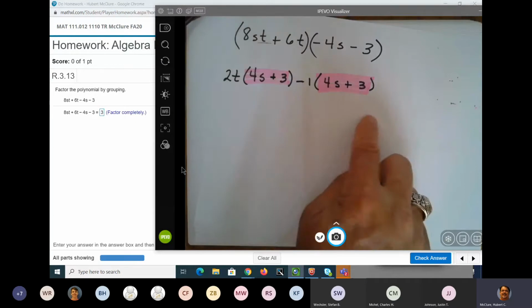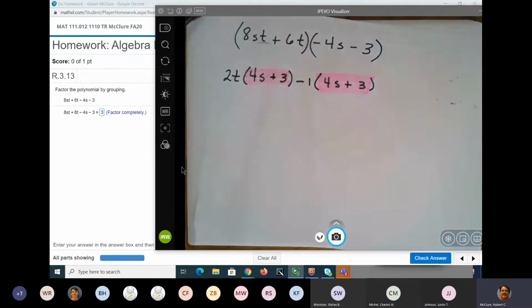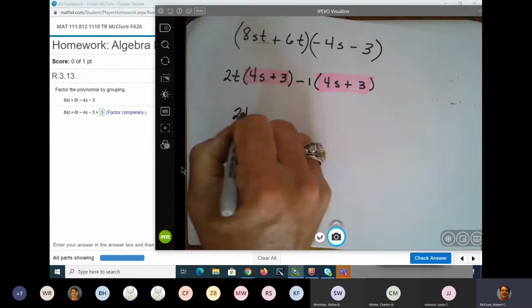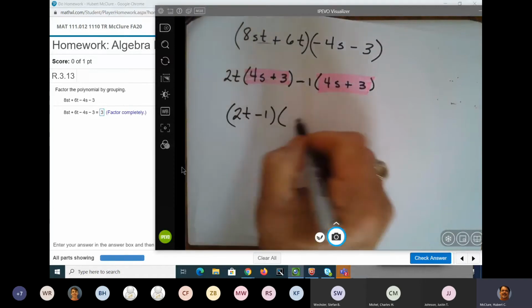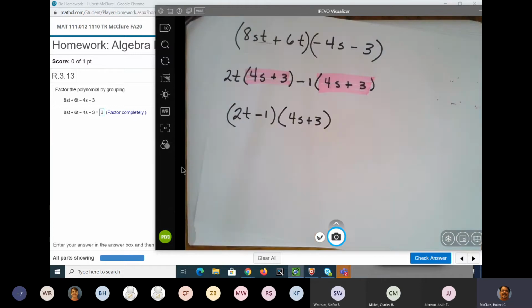So 2t minus 1 times your 4s plus 3 that is in common. I'll highlight that pink so you'll know that I just brought that down.